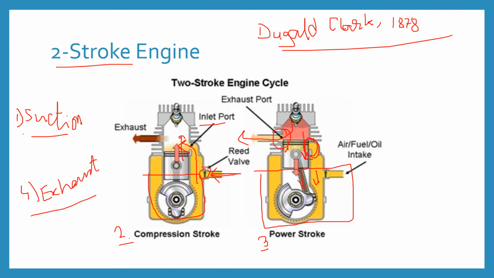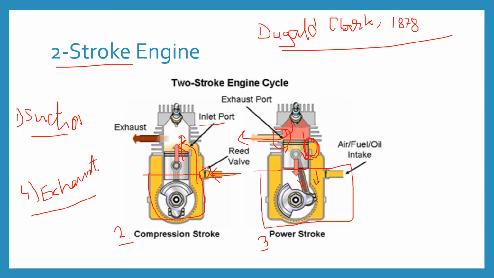After that the piston continues to move downwards, and it opens the inlet port or the transfer port, and through the opening of the inlet port, the compressed fresh air fuel charge is introduced in the combustion chamber.